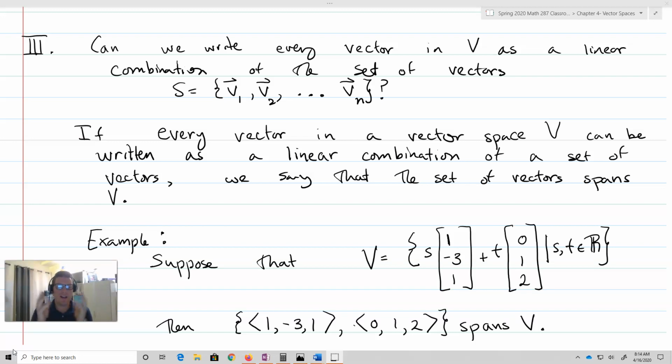And this is a really important question because oftentimes we want to know whether I can create what's called a generating set for an entire space out of a certain set of vectors.